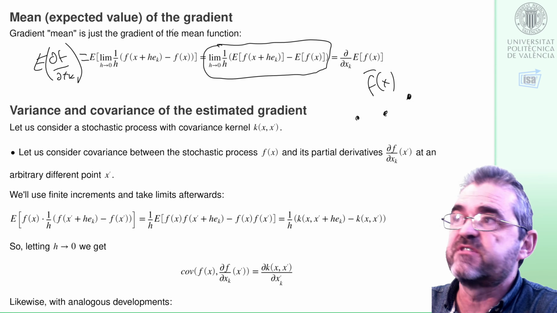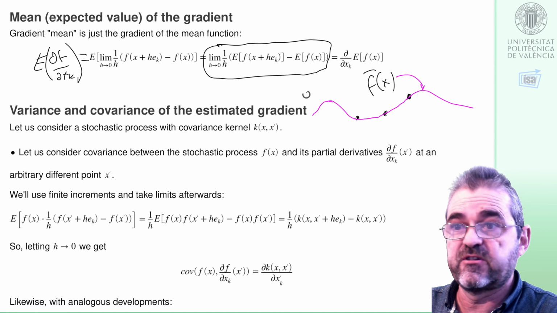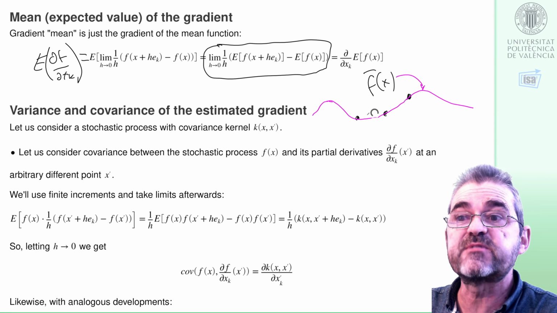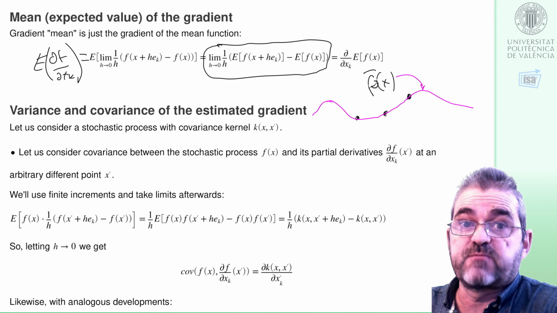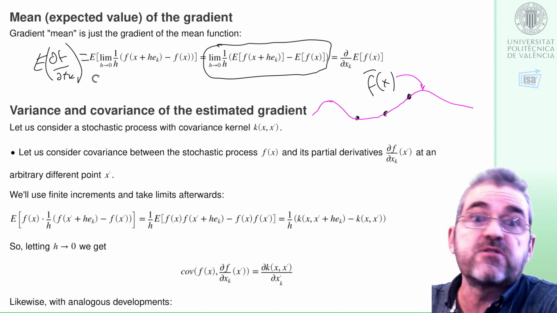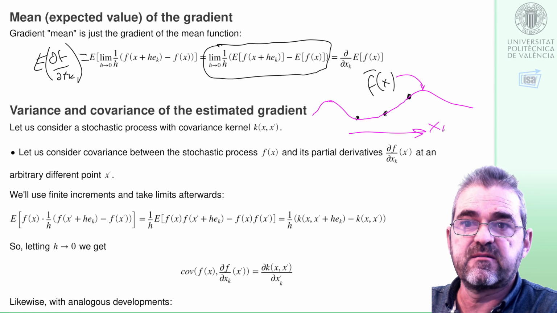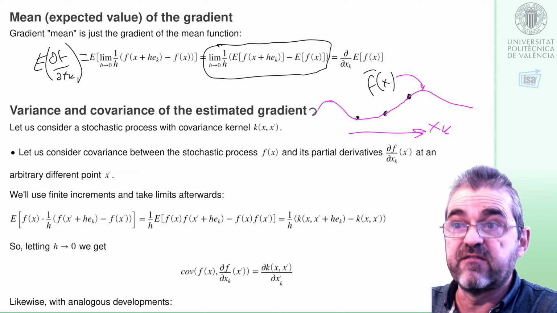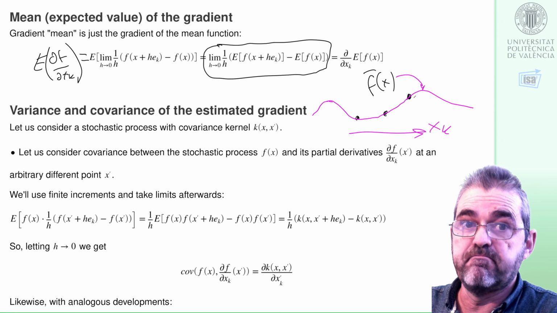If I have some observations, that f bar will be some function that interpolates the observations, and what we are saying is that the expected value of the velocity, the partial derivative with respect to this argument, is the derivative of this mean function. Good, we finished with the mean.